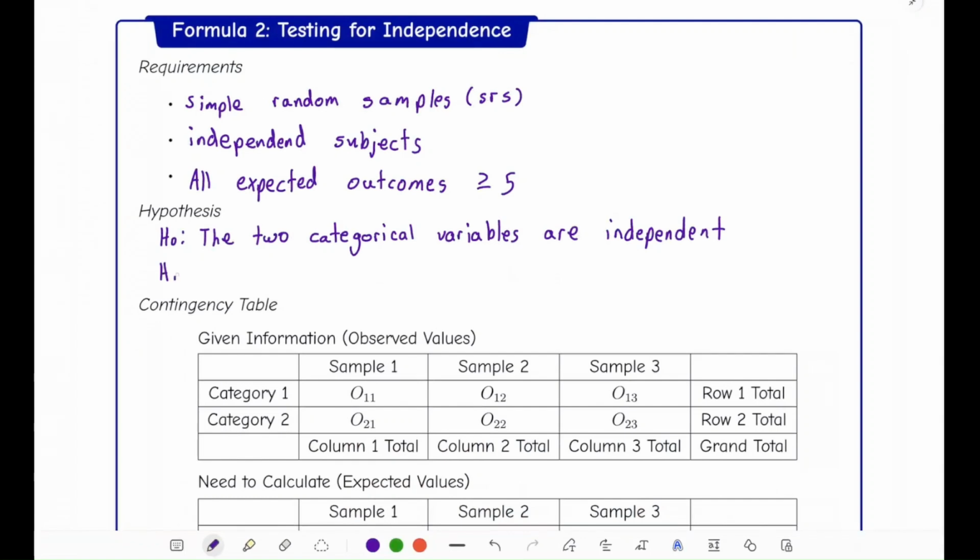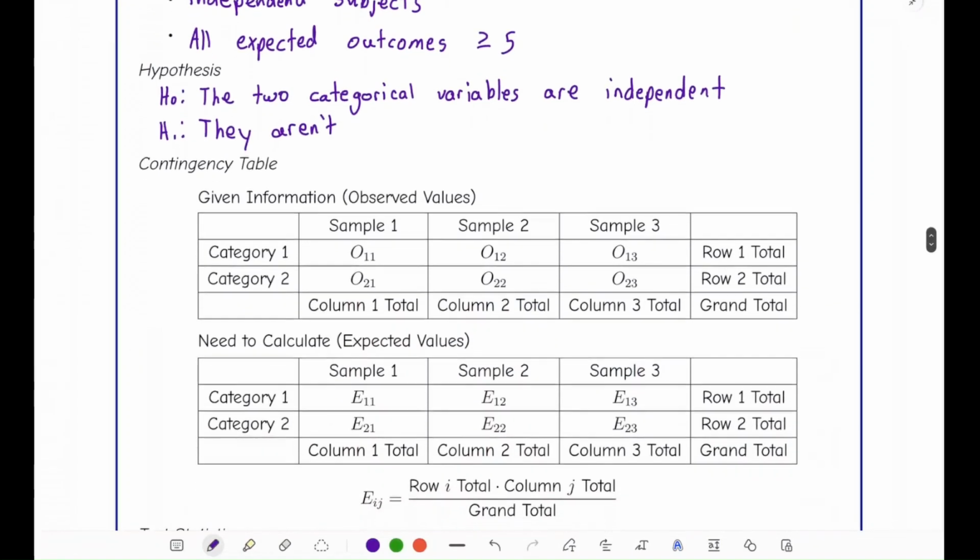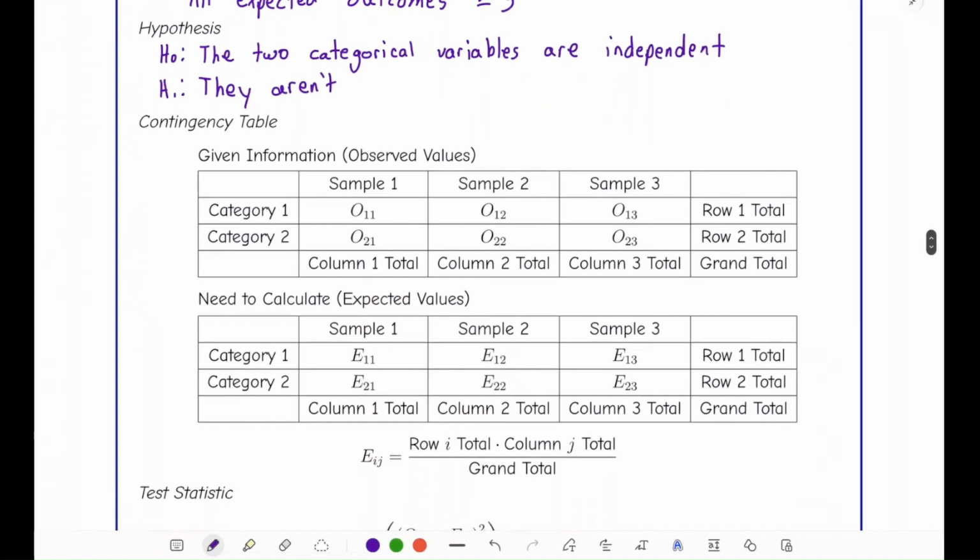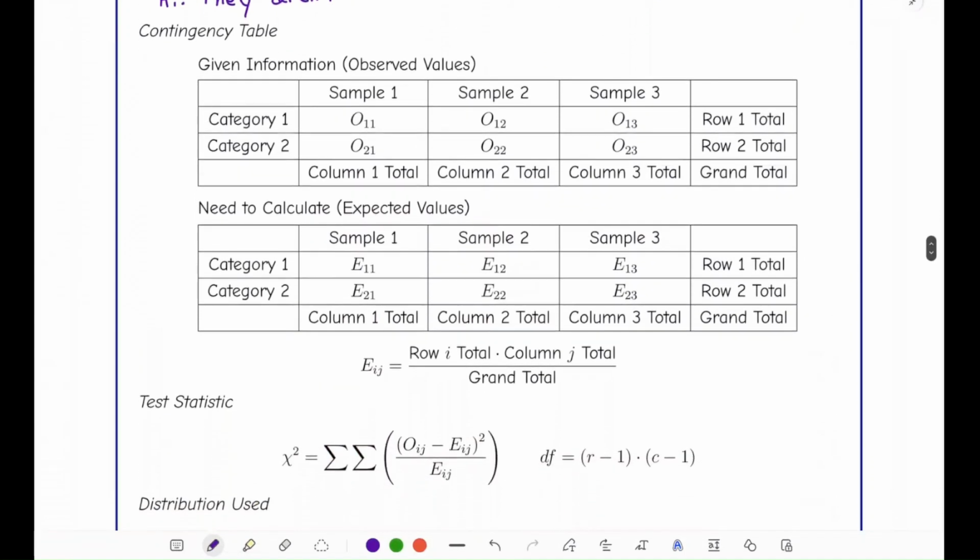And the alternative hypothesis is they aren't. But you will notice that the contingency table and how we calculate the expected values is the same as the test for homogeneity. Even the test statistic is exactly the same.